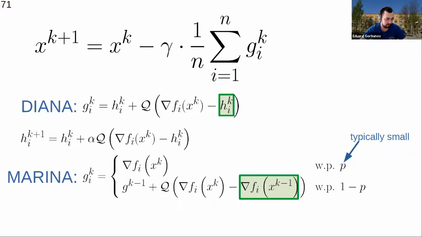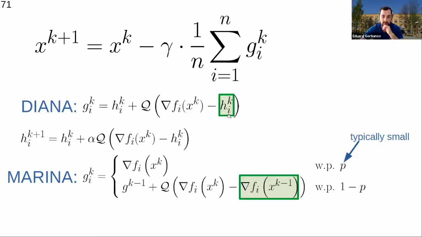Okay, Elnur is asking, is there a typo? Which one? So let me unmute Elnur so that he can explain. Yeah, so sorry. So my question is whether, doesn't it sound natural that the gradient at point x^{k-1} here should be replaced by g^{k-1}?